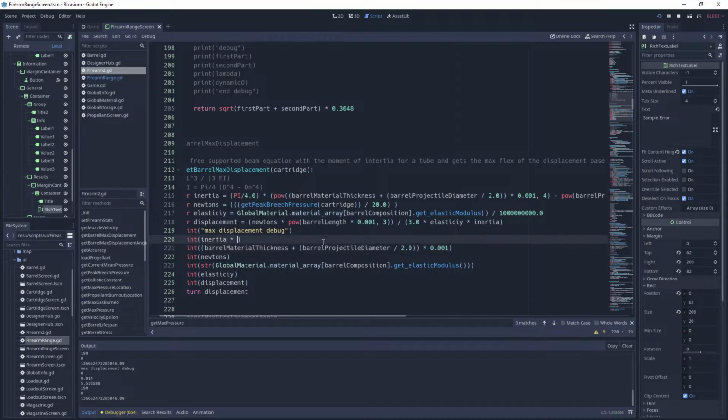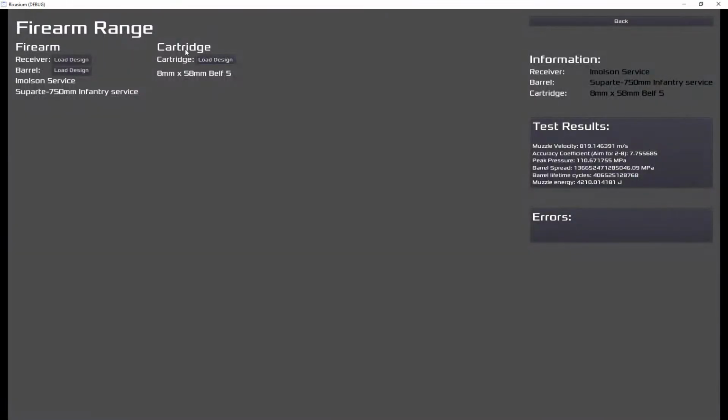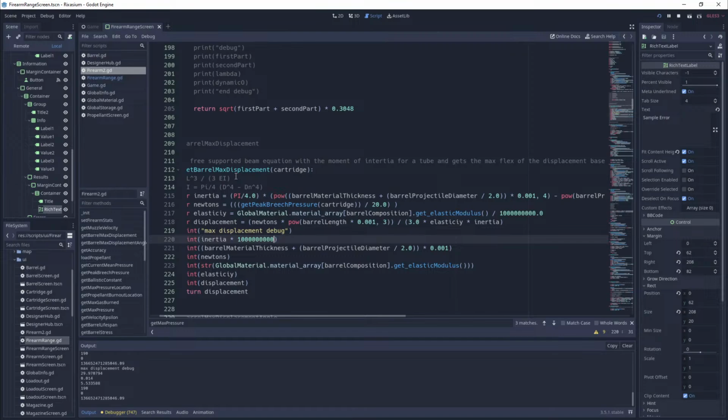Inertia times 1, 2, 3, 4, 5, 6, 7, 8, 9. Okay, that's correct.